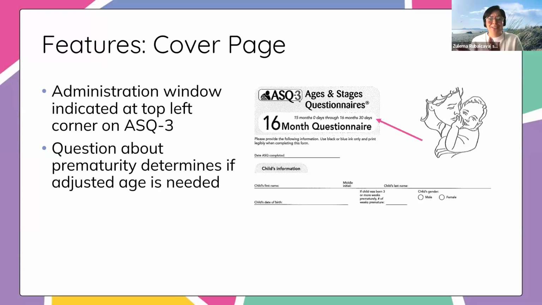So if you're like a Head Start center and you're only seeing children 2.5 to 5, then this doesn't really apply to you. But if you are a center that has infants and toddlers, then this is a really important distinction, that for children under the age of 2 who were born preterm or premature, those children typically will experience some delays in their development based on their prematurity.